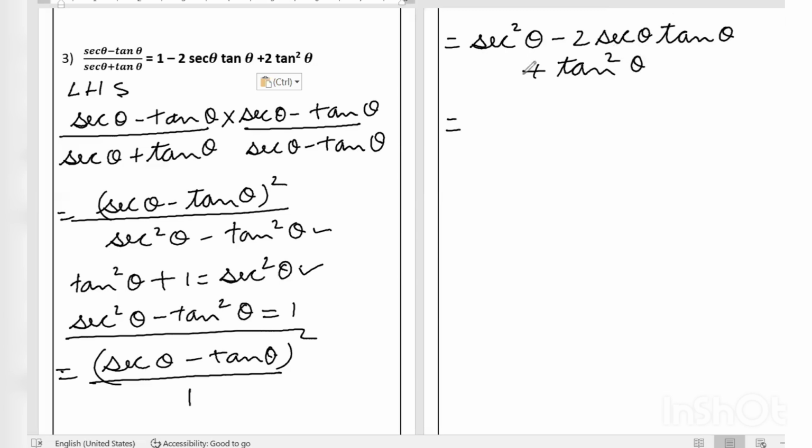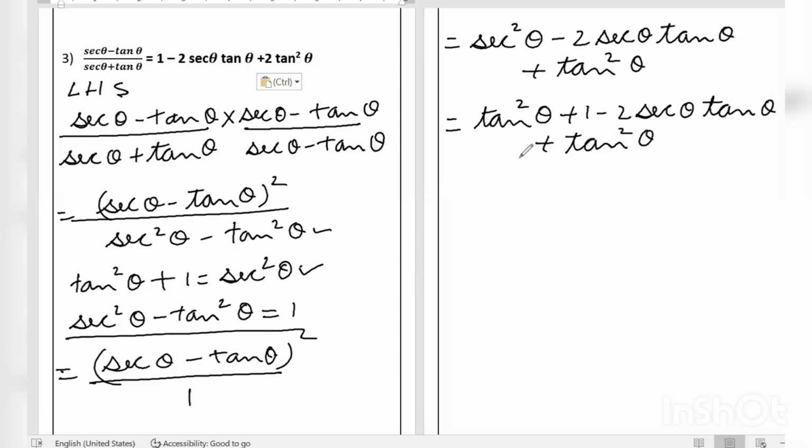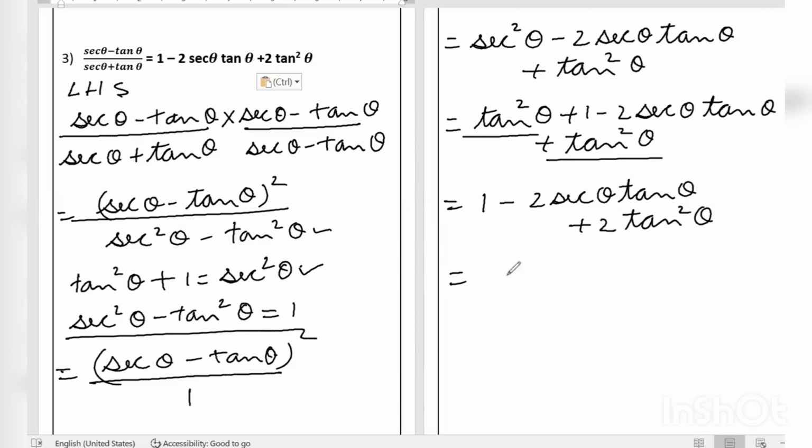Now I can write sec square theta as tan square theta plus 1. So I'll have tan square theta plus 1 minus 2 sec theta tan theta plus tan square theta. Now this tan square theta and this tan square theta becomes 2 tan square theta. So I'll have 1 minus 2 sec theta tan theta plus 2 tan square theta, which is our RHS.